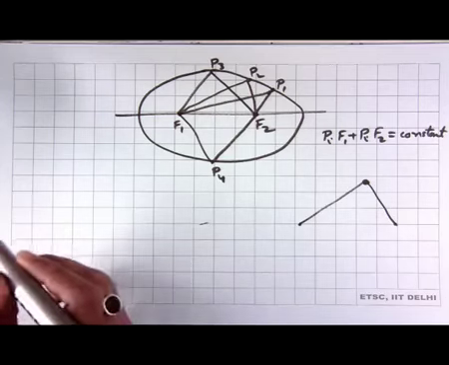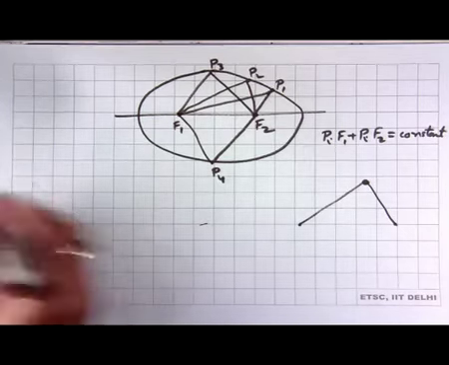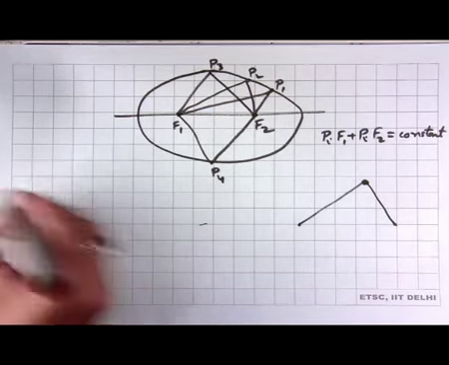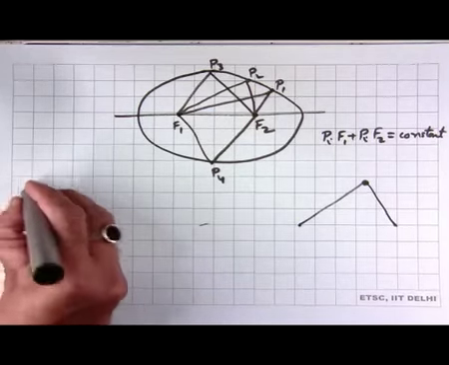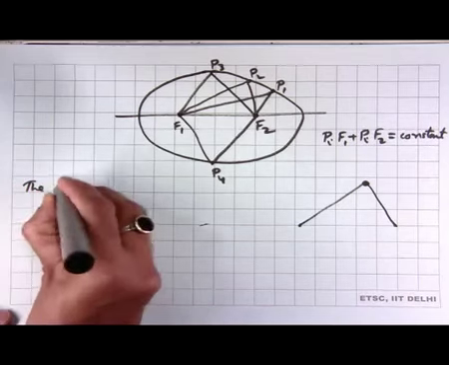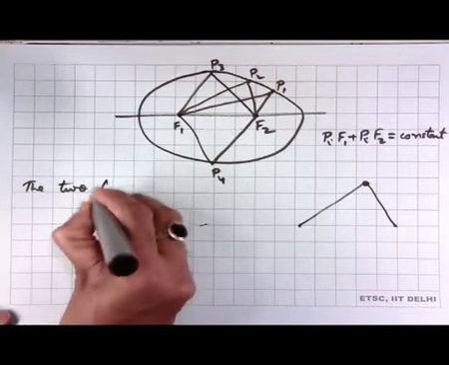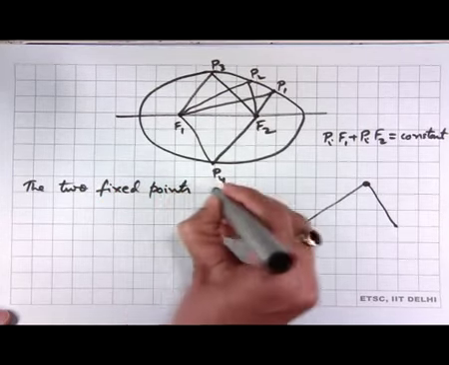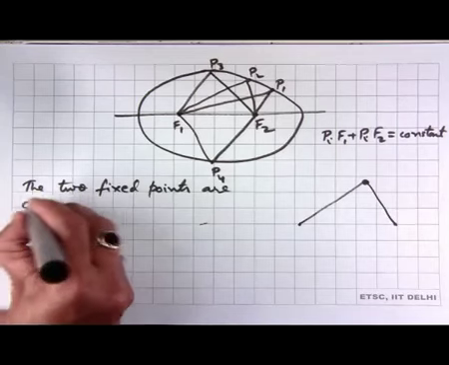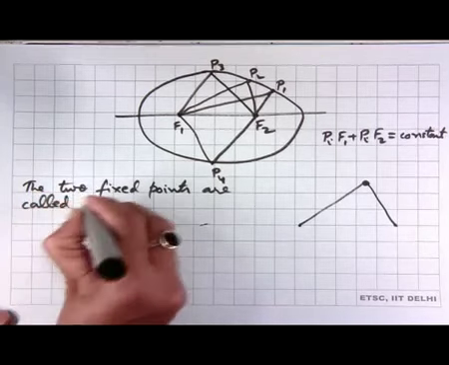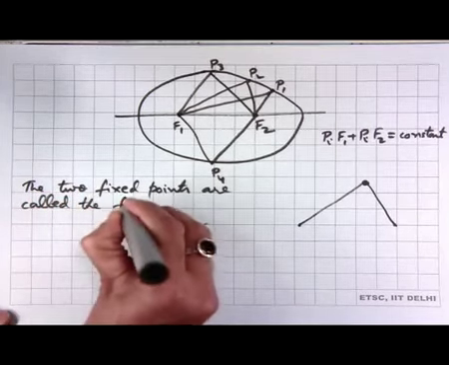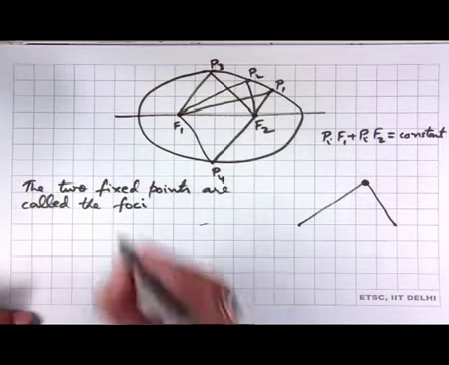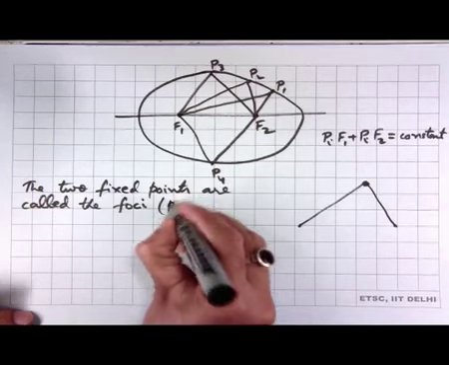Some terms that we will use: the two fixed points are called the foci of the ellipse. Foci is the plural of focus.